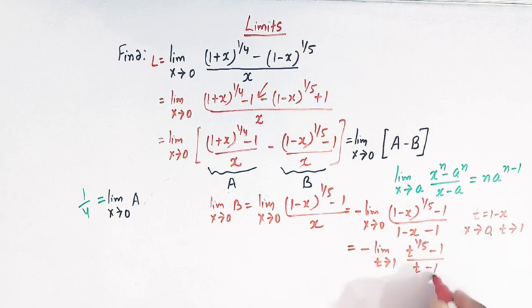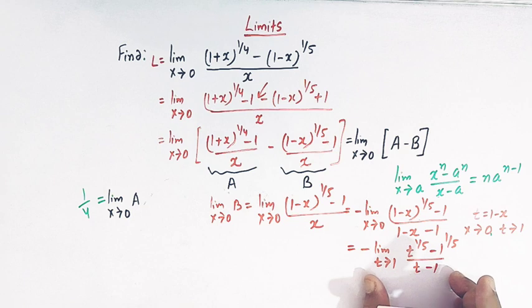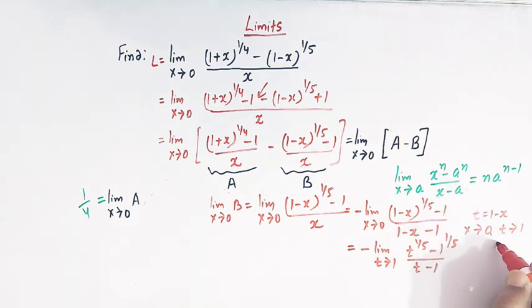Now this 1 can be written as 1 raised to 1 over 5, to make it identical with the standard form. If we compare this limit with the result, the value of a is 1 and the value of n is 1 over 5.